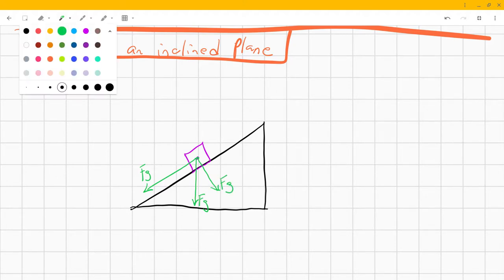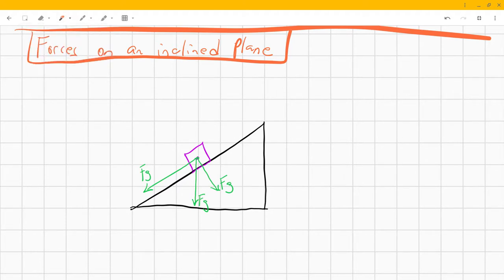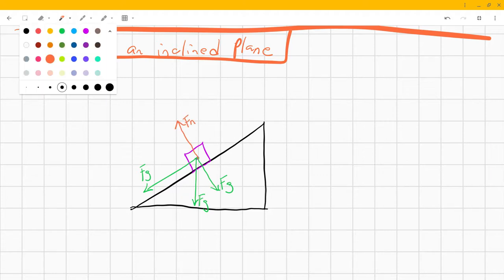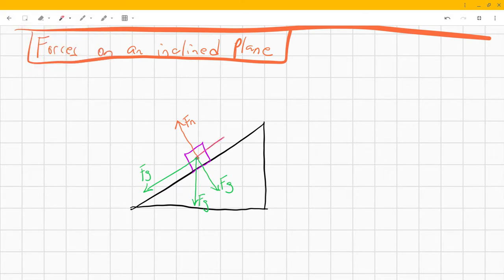We know that because the box or whatever object it is pushing onto the surface with its weight, that means that the surface is also going to push straight back up, which is going to be the normal force. And then we also know that since the object is touching the surface, there's also going to be friction trying to stop the sliding down the hill from happening. And also, we're going to have to figure out what that angle is.